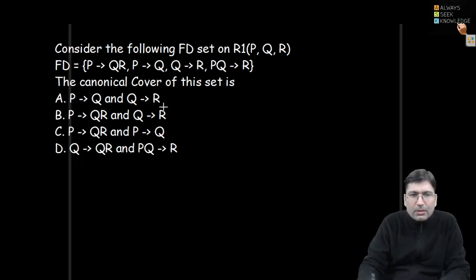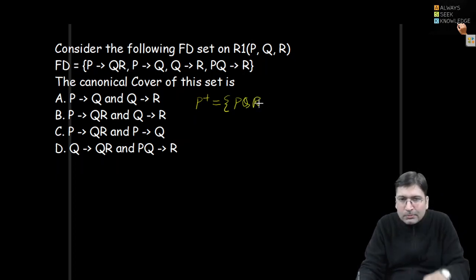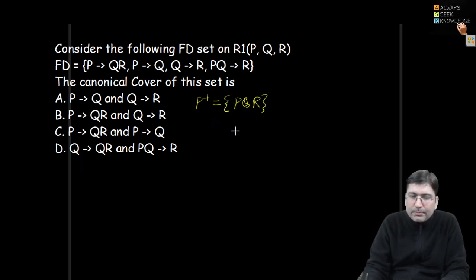So let's find the closure of, let's say, P. If we write the closure of P, we get P and it can derive QR. So that means all three attributes can come in the closure of P, right?